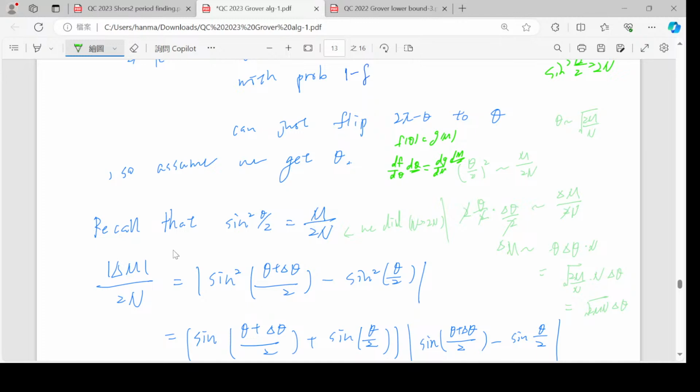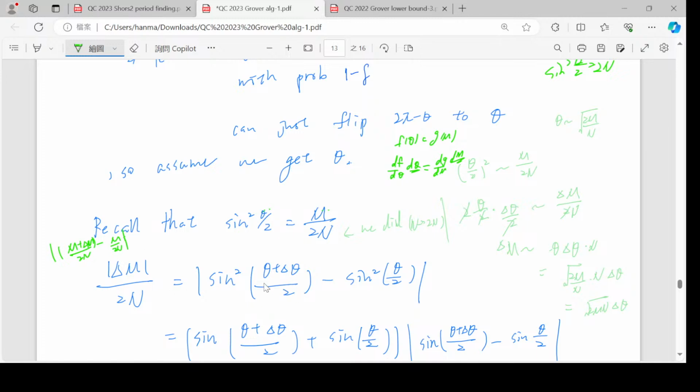So delta m divided by 2n is m plus delta m minus m, divided by 2n. If you have m here, it should correspond to theta, but if you have m plus delta m here, then it should be theta plus delta theta, right?